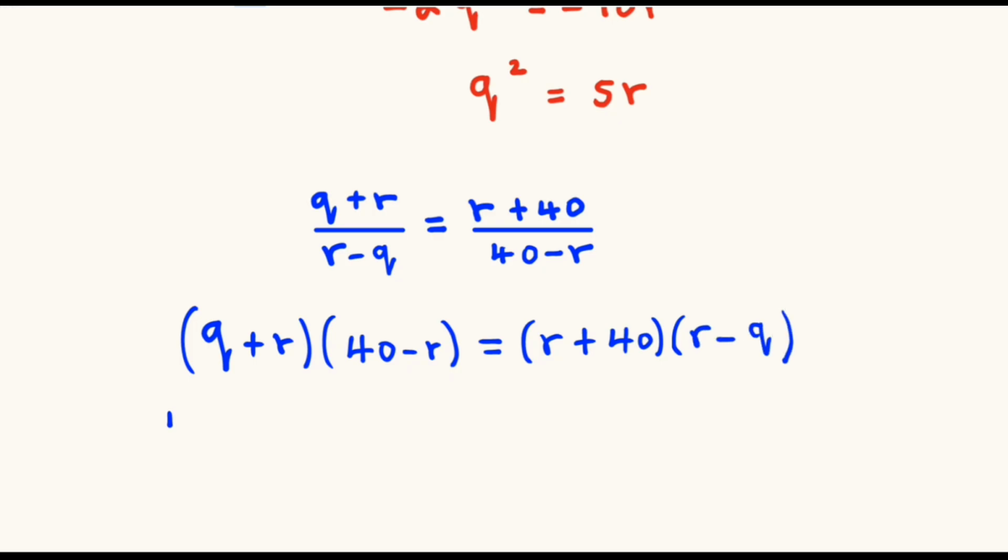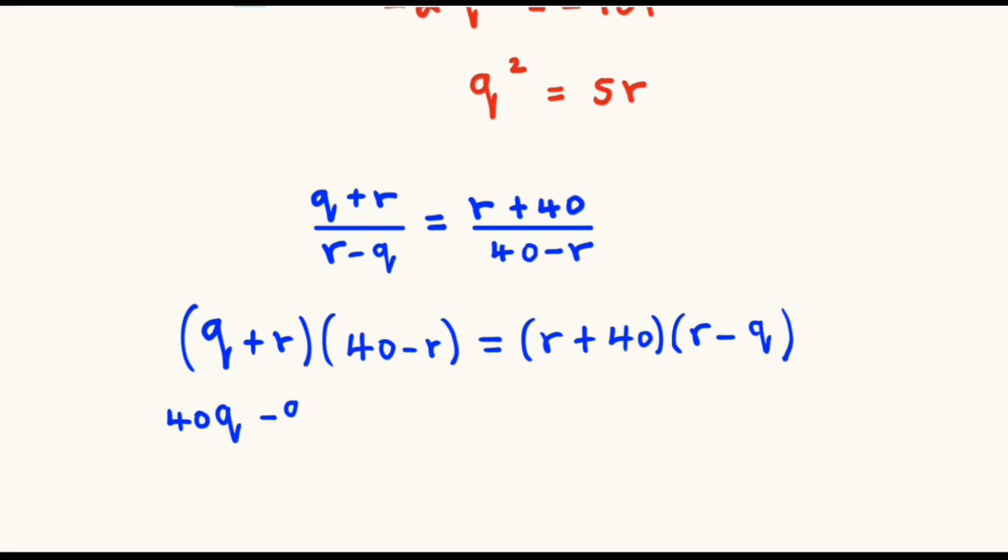On the left hand side, we distribute the q, so we have 40q minus q multiplied by r, and we distribute the r, and we have 40r minus r squared, and this will be equal to r multiplied by r, which is r squared, minus qr.